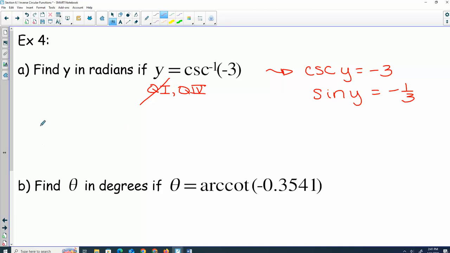No. So what I'm going to do is get a reference angle. I'm going to type it in as sine inverse, and I'm going to do the positive 1/3, because I don't want to remember if it's giving me the right answer or not. I'm just going to do it the same every time. Make sure you're in radian mode. And then type in sine inverse, so second sine 1/3.